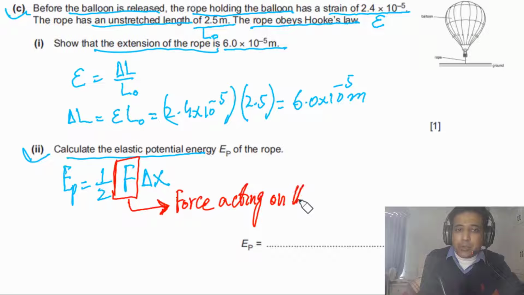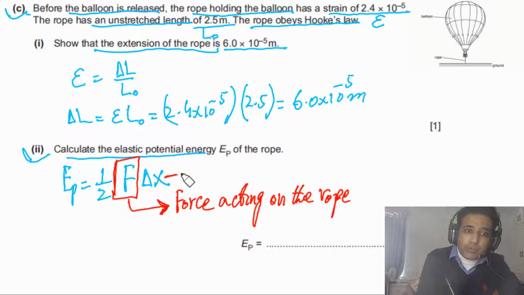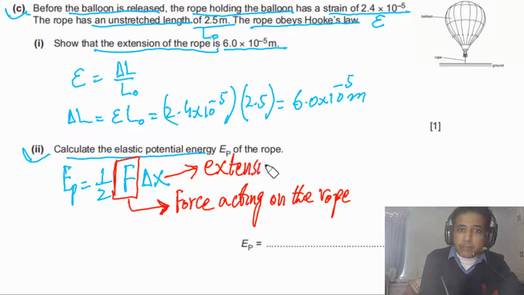Very important one. In the case of a spring, when we apply force on the spring, this will be the maximum force acting on the spring. So that is F. Now we need to understand what delta X is. Delta X is the extension.